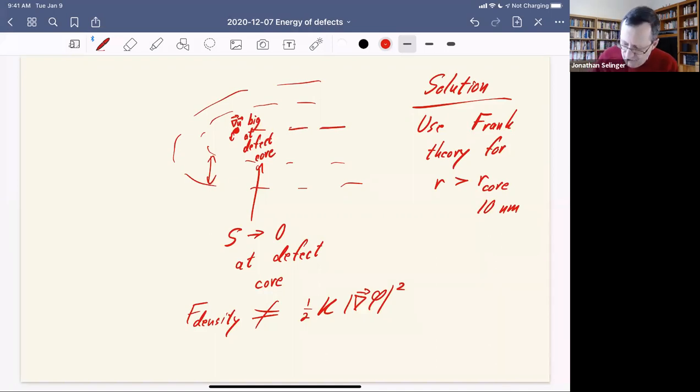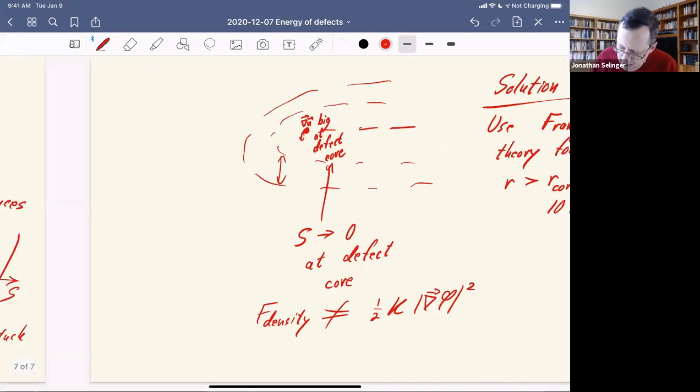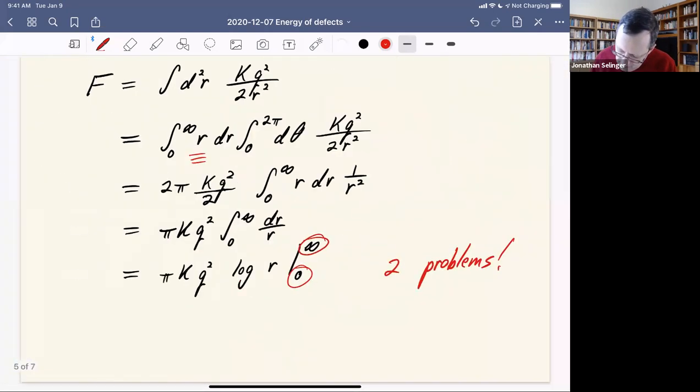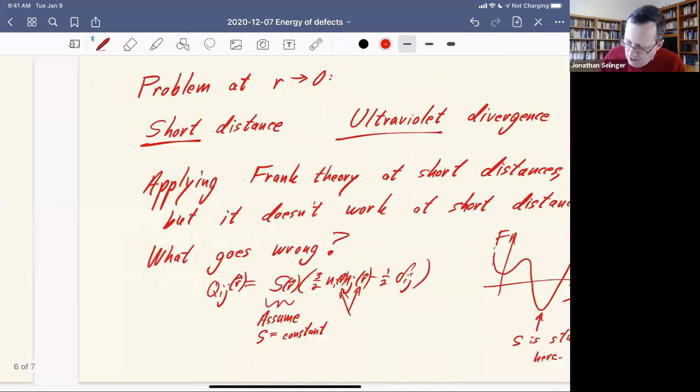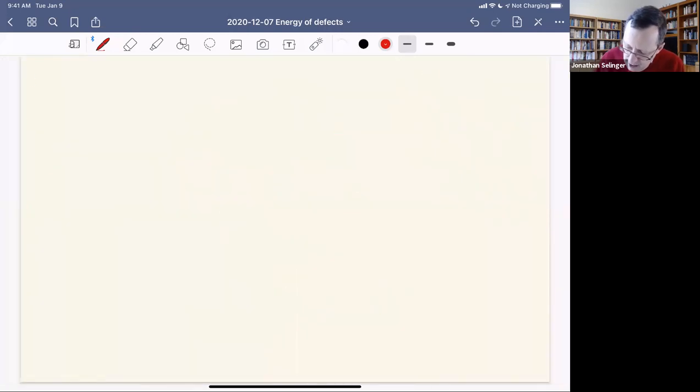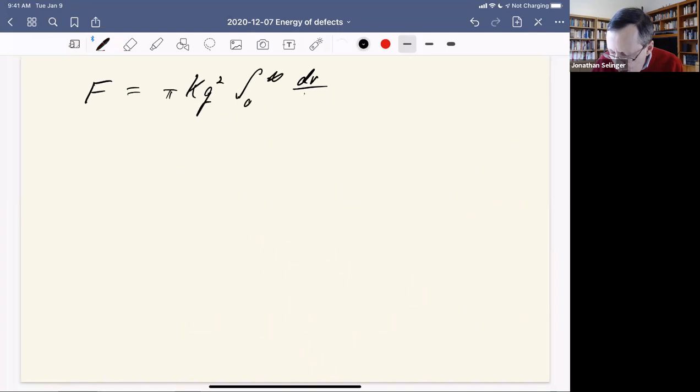So in that case, if we go back to our integral for the defect energy, that is this integral, right? I will now write that this integrated energy, instead of being pi k q squared integral from 0 to infinity, dr over r, I'll just put in a core radius here. Say there's some core radius there.